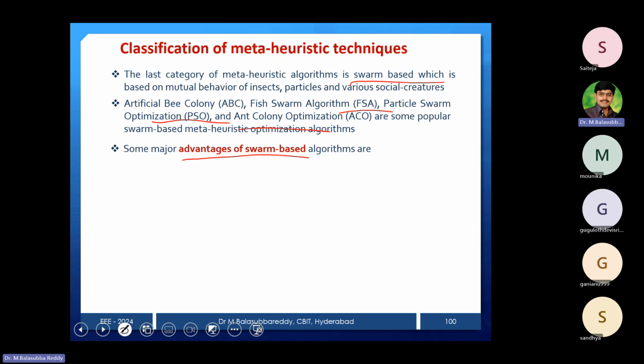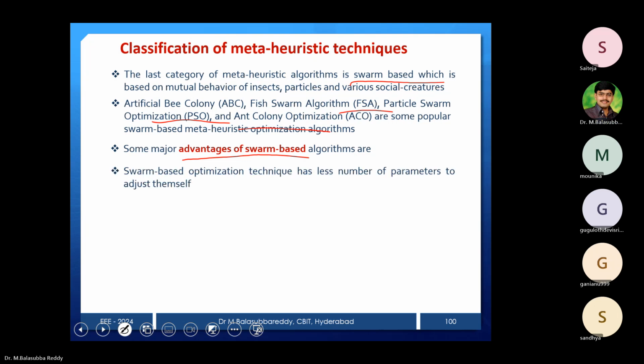Once you use a swarm algorithm, what are the advantages we can highlight? There is a smaller number of parameters to adjust. Whatever parameters we are using to solve the problem, sometimes in the iterative or evolution process, the parameters adjust themselves.